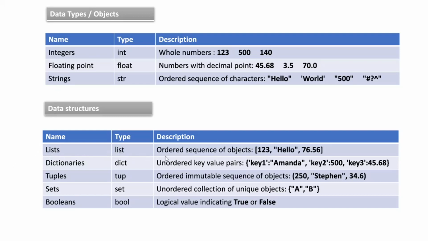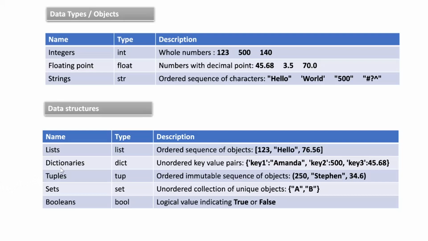Lists are an ordered sequence of objects such as integers, floating point, and strings. We can see we have three objects here: an integer 123, a string hello enclosed in double quotation, and a floating point number 76.56. They are enclosed in square brackets and separated by commas.